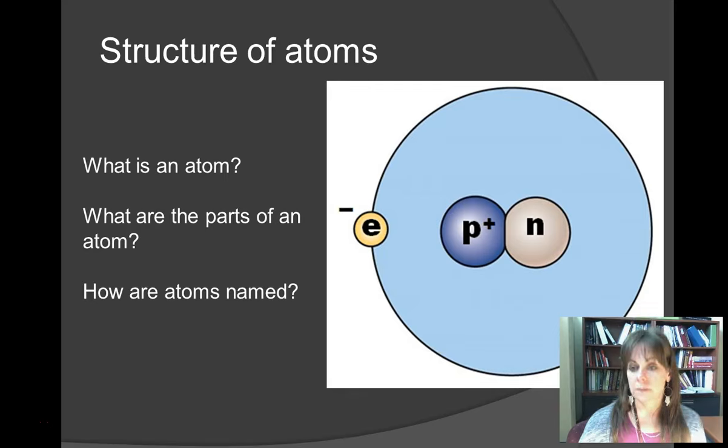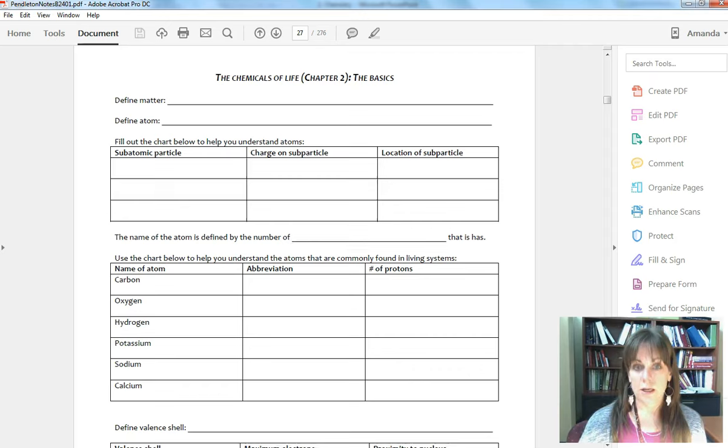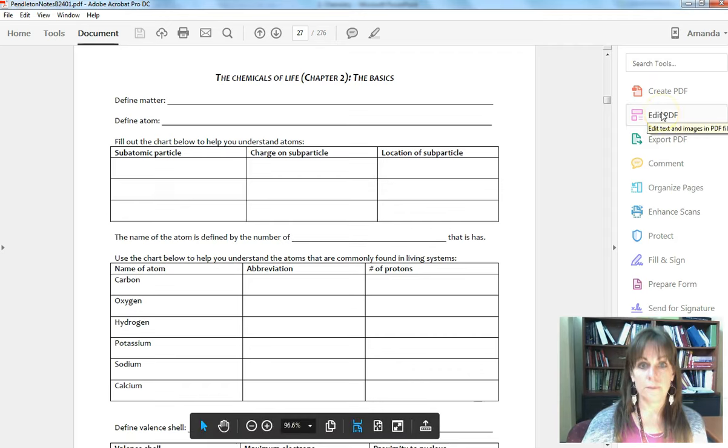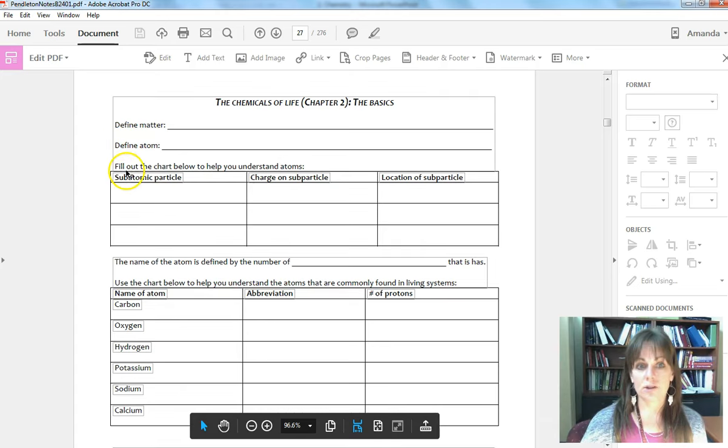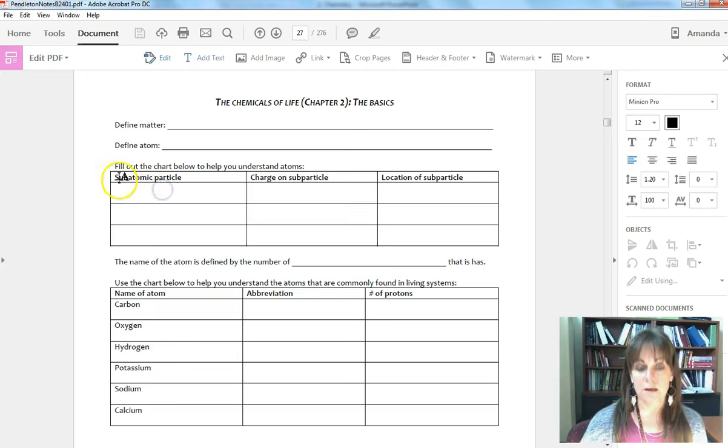Okay? So, if we were going to follow along in our notes packet here, right here it says, fill out the chart below to help you understand atoms. And subatomic, remember sub right here is going to mean below. You could think of a submarine. And so what's smaller than an atom? What's below an atom? Well, these are the three things.